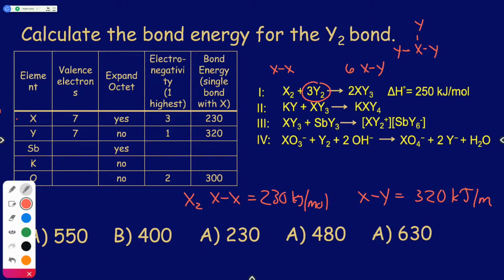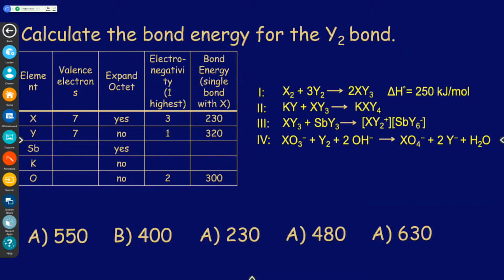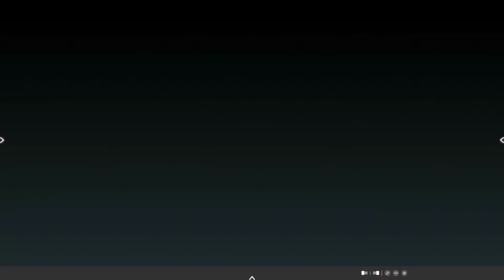Let's go through that calculation on the whiteboard. We have X2 plus 3 Y2 going to give us 2 XY3 molecules.